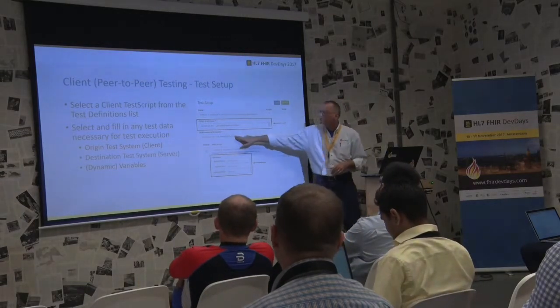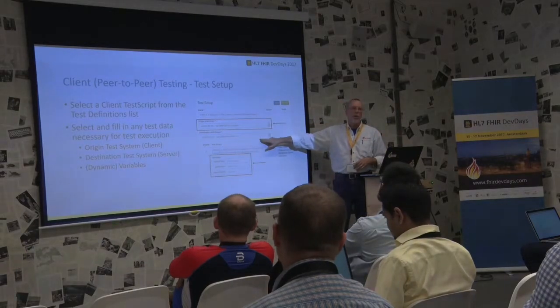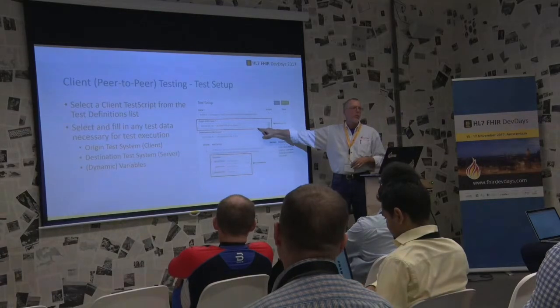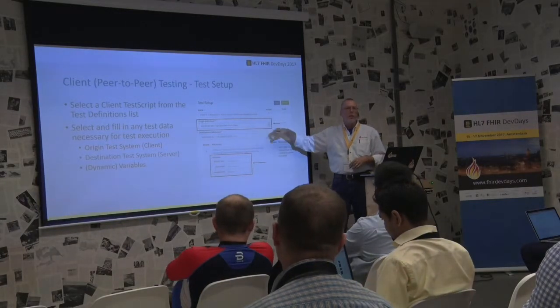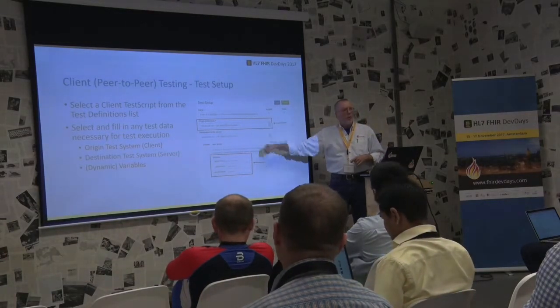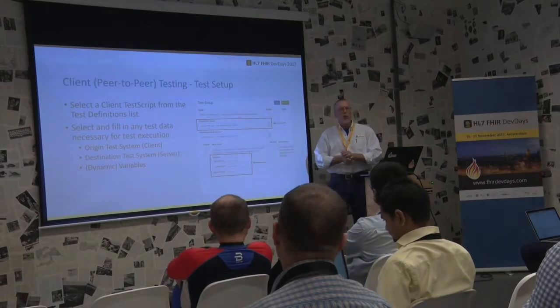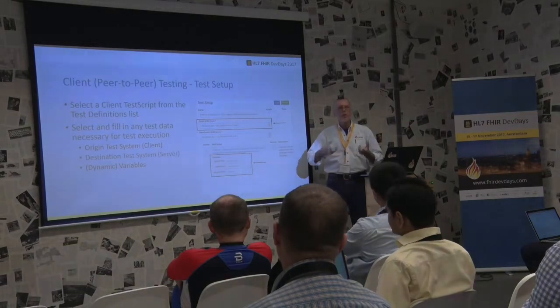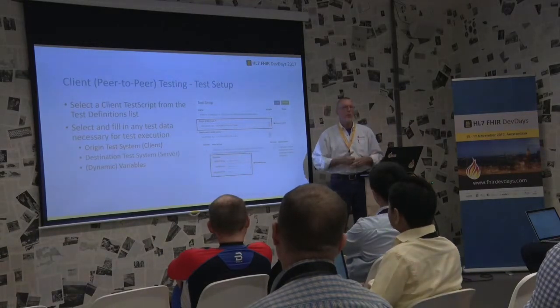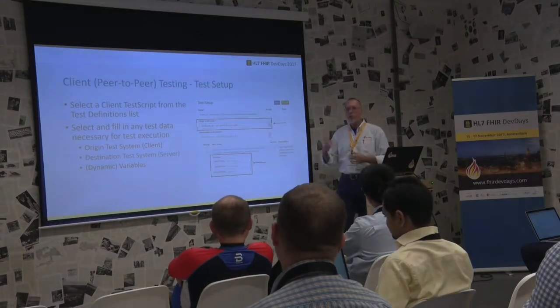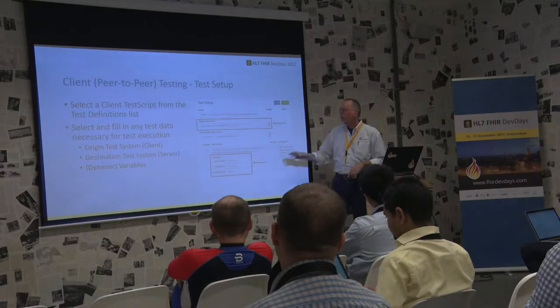So normally you're going to fill in the destination, but now I've defined that I need an external FHIR client. So I just get a new drop down here. And this is going to go out and allow you access to any FHIR client system that you've registered in Touchstone for your organization, plus anybody else's FHIR client that might be publicly defined. So we give you access to all the publicly accessible systems, whether they're clients or servers.